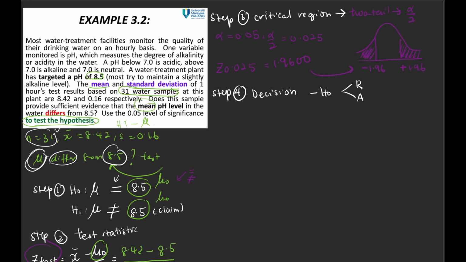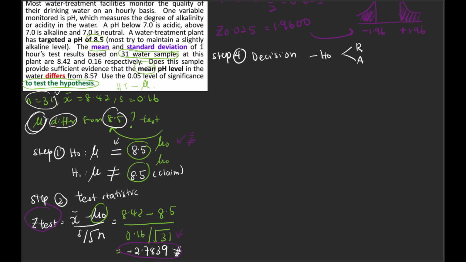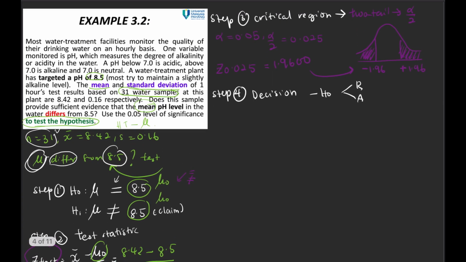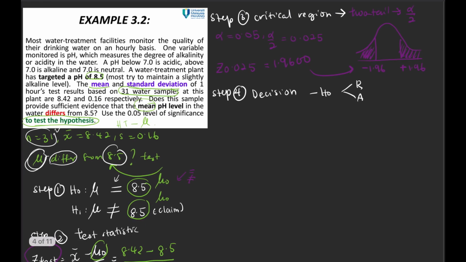So where is negative 2.7839 located? Negative 2.7839 is less than negative 1.96. So it is here. Negative 2.7839 is here, so it is located at the shaded region. So it is located at the rejection region.